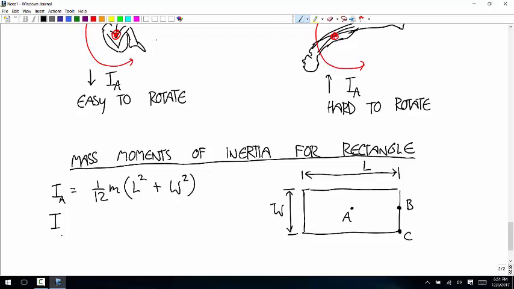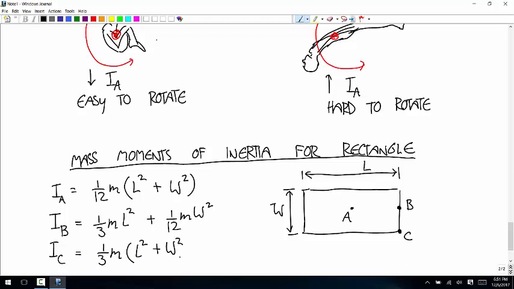The mass moment of inertia about that B is 1/3 times the mass times L squared plus 1/12 times the mass times width squared. And then about C, it's 1/3 times the mass times the quantity L squared plus W squared.